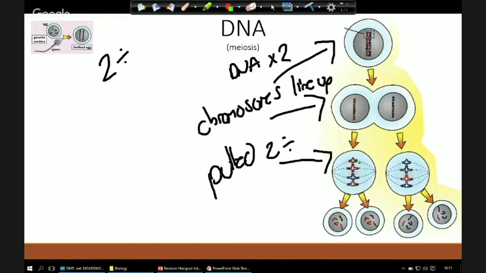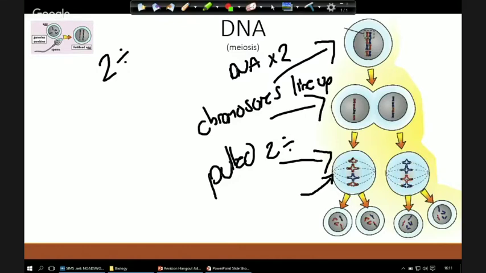What we're actually getting is a slight randomization. So for example, in this cell here, if the red chromosomes were the mum's, we've got 3 of mum's chromosomes, 3 red ones, to 1 of dad's. And vice versa over here, we've got 3 of dad's to 1 of mum's.